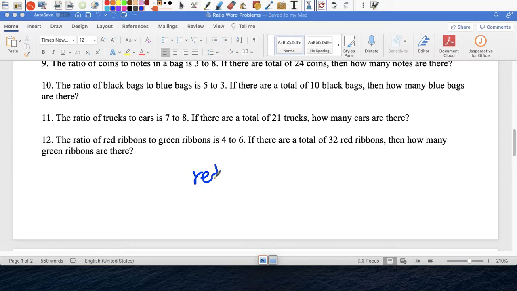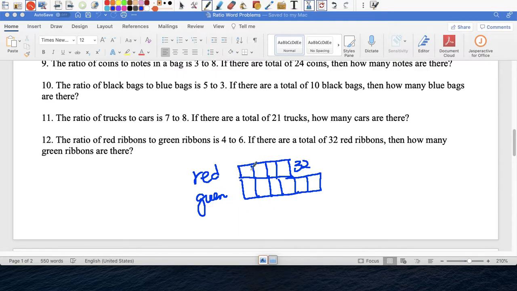Red and green. The red is 4. The green is 6. If there are a total of 32 reds, so in these 4 boxes here I should have 32. How many green ribbons will I have?